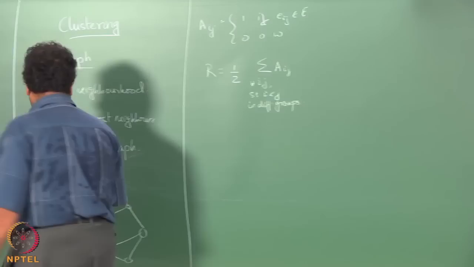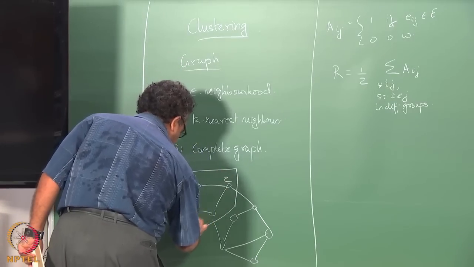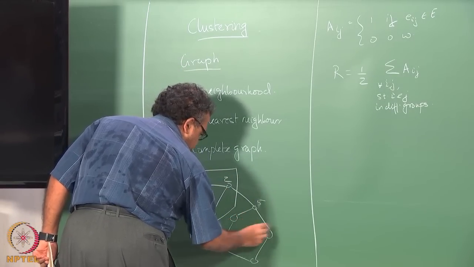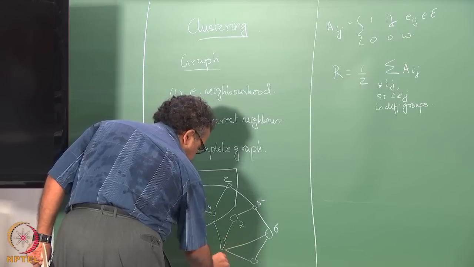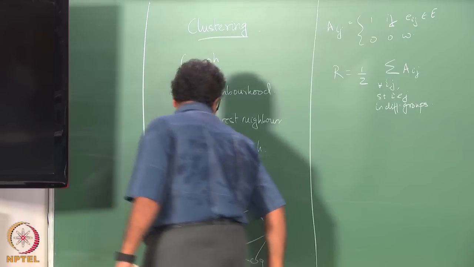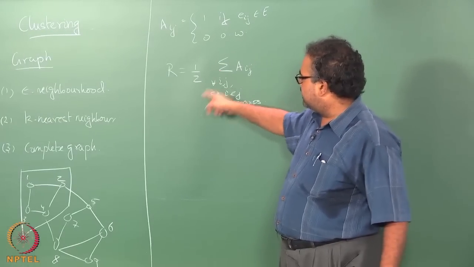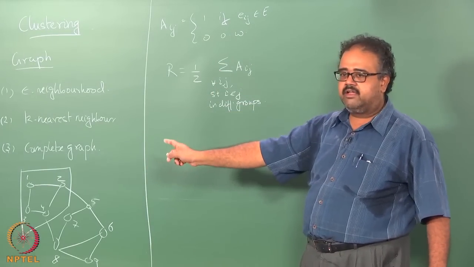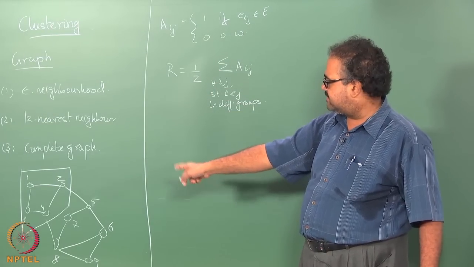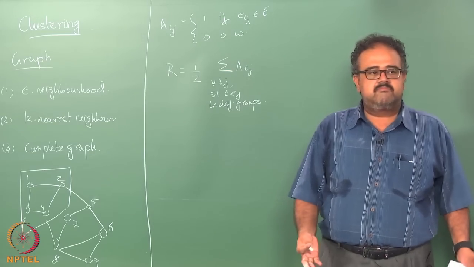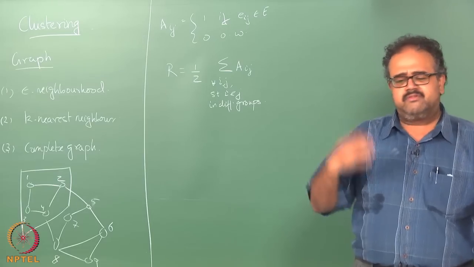Let us give them numbers, some arbitrary numbers. So what will I do? This sum will run over A15, A16, A17, A19 and A18, well all of them happen to be 0, so we do not care, right.